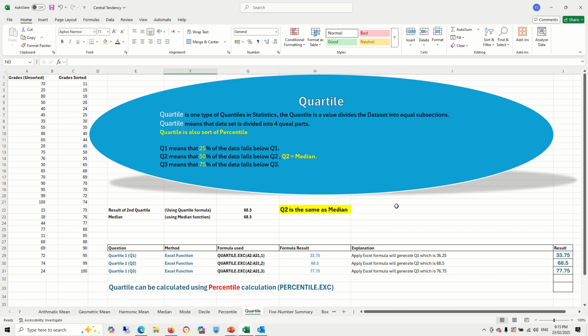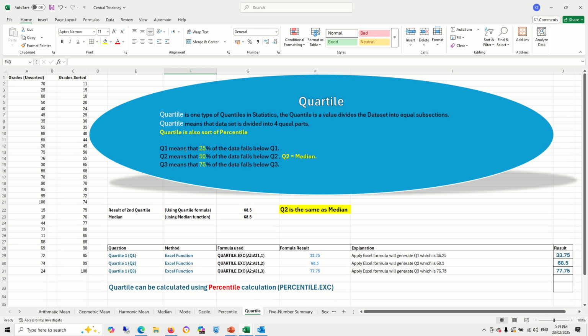So now we got to know that decile means that the dataset is divided into 10 equal subsections. Percentile means that the dataset is divided into 100 equal subsections. And quartile means that the dataset is divided into 4 equal subsections.